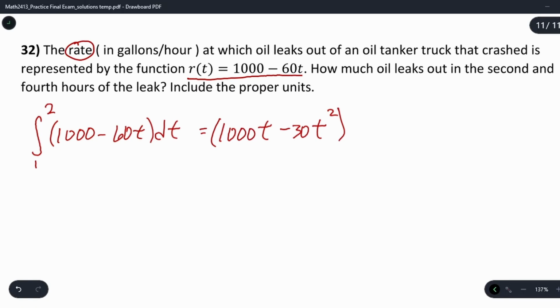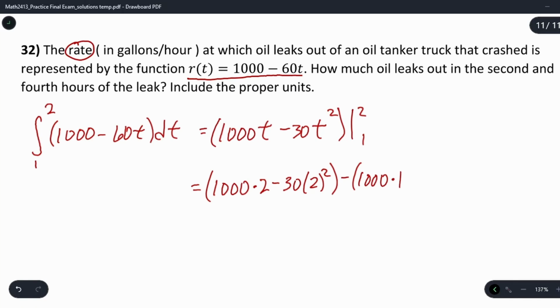And then we need to evaluate this from 1 to 2. Plugging in the 2 first is going to give us 1000 times 2 minus 30 times 2 squared. Okay, that minus 1000 times 1 minus 30 times 1 squared.